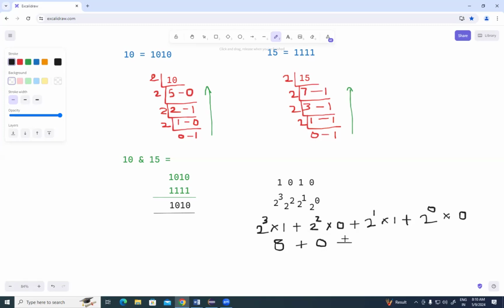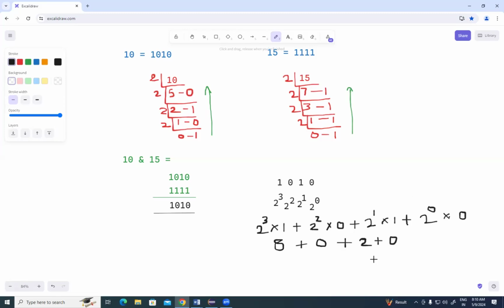Plus 2 power 1, 2 into 1, 2. Folks, am I clear? Plus 2 power 0, 1. 1 into 0. Because you know anything power 0 is 1 in mathematics. Anything power 0 is 1. So 2 power 0 means 1. 1 into 0, 0.